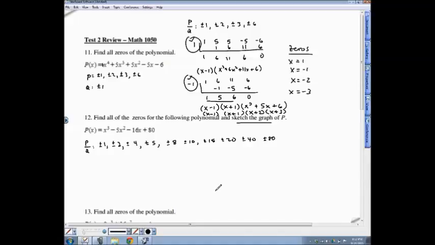So those are all the values, all the possible rational zeros of this polynomial. So we've got to go through and check them.